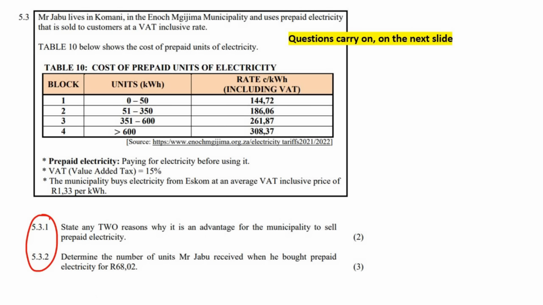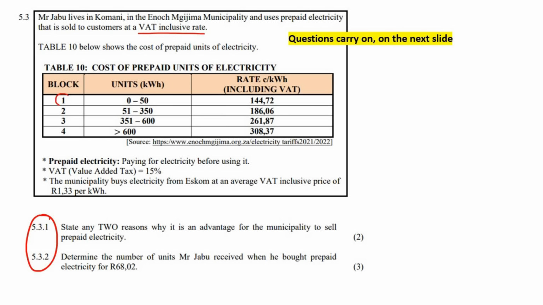So, Mr. Jabu lives in Komani in the Enoch Mgijima municipality and uses prepaid electricity that is sold to customers at a VAT inclusive rate. Table 10 shows the cost. Okay, so let's just go through this just to understand this a little bit.